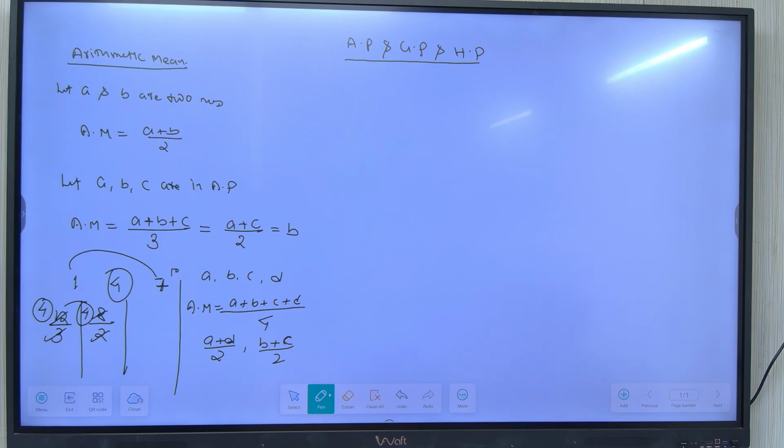If there are 5 numbers, first term plus last term divided by 2, second term plus second last term divided by 2, or the middlemost term. Arithmetic means the numbers are at equal distance.